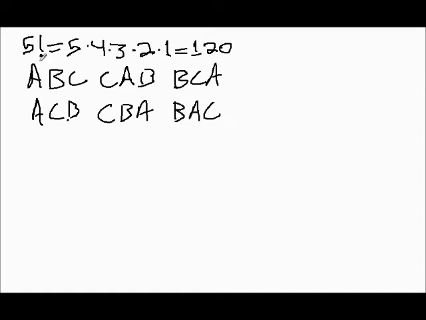So in other words, this is your sample space. So if you're taking a statistics class, this would be your sample space, this picture right there. And since there are 3 distinct letters, there are 3 factorial ways to arrange these letters, or 3 times 2 times 1, which is 6.